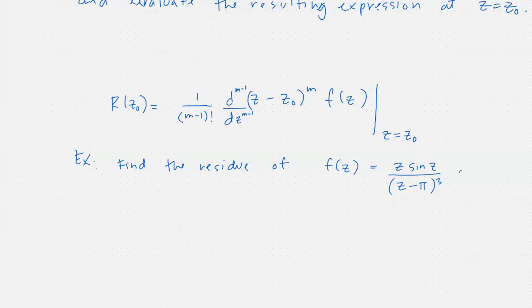So z equals pi will give us a zero denominator, so that is our singular point.